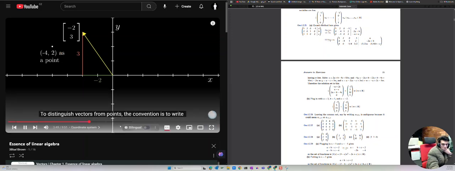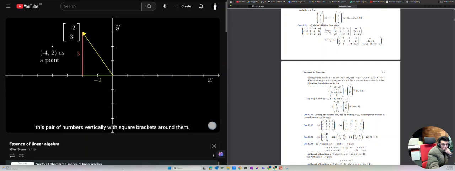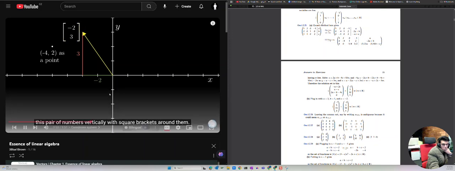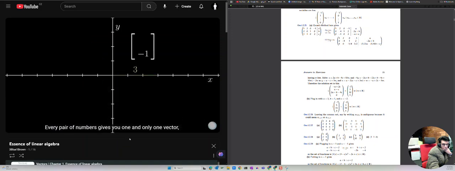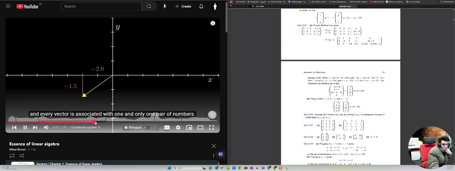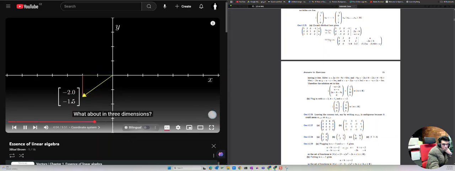To distinguish vectors from points, the convention is to write this pair of numbers vertically, with square brackets around them. Every pair of numbers gives you one and only one vector, and every vector is associated with one and only one pair of numbers.